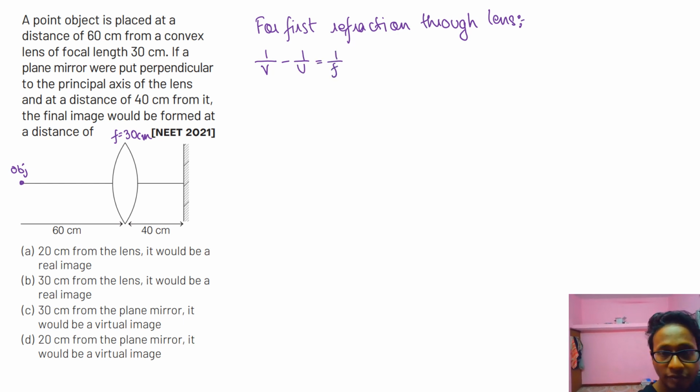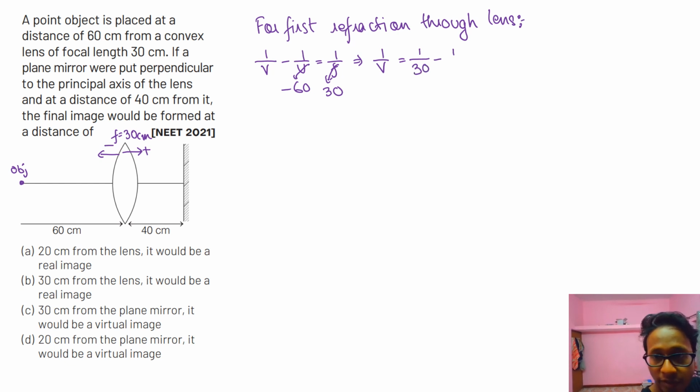What is the value of f? f is nothing but 30. Positive or negative? I assign a coordinate system, this side plus, this side minus. So f is plus 30 out here, and u is equal to minus 60. So 1 by v is equal to 1 by 30 minus 1 by 60.